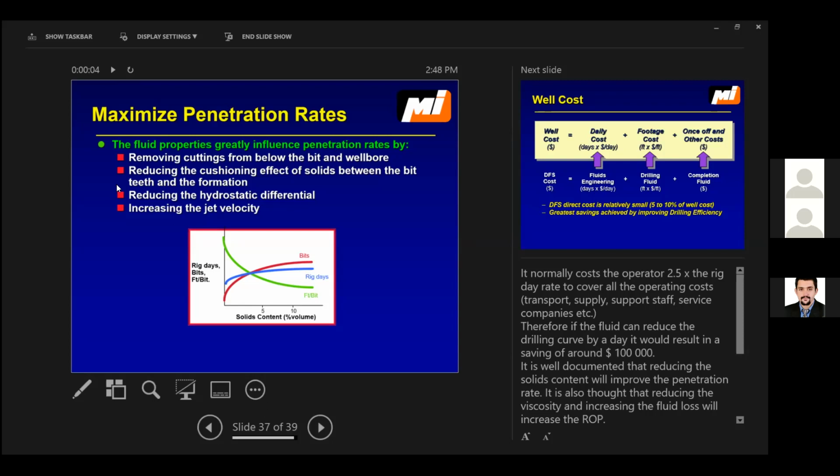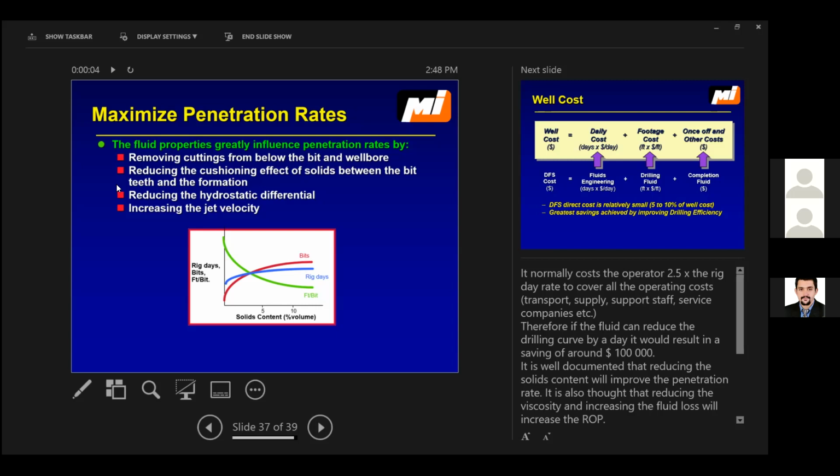It can be enhanced by maximizing the removal of cuttings from the well, and reducing the cushioning effect of solids, which is caused by bad hole cleaning. So if you have good hole cleaning, then you have good penetration rates. Also reducing the hydrostatic differential.